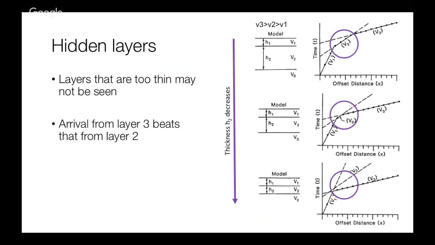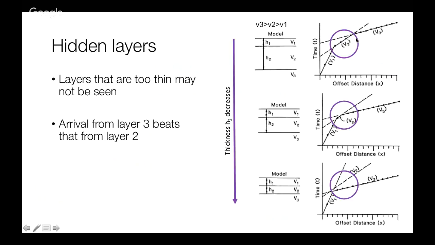We can also have problems with layers that are just too thin for us to be able to detect with a refraction survey. So we can see over here, we systematically decrease the thickness of layer 2, and you see that the time at which we have a critical refraction from the first interface decreases with the thickness of that layer.